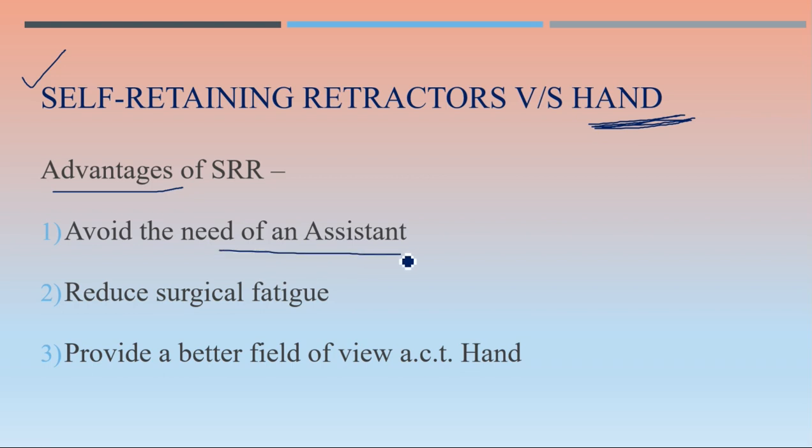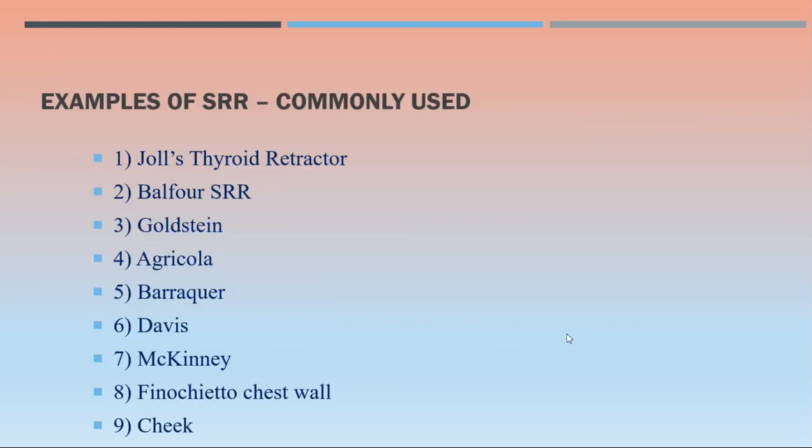An assistant is not required in cases of self-retaining retractors for retraction purpose. It is going to reduce the surgical fatigue also, obviously, in longer duration surgeries. The role is very important. And it provides a better field of view as compared to hand. These are the important advantages of self-retaining retractors.